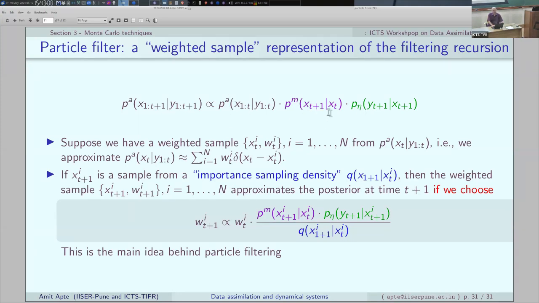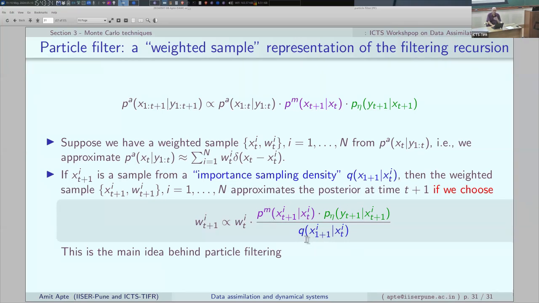Remember, the weights were proportional to F by P. F was the density we want to sample, P is the density that we actually sample, and that's exactly this ratio over here.